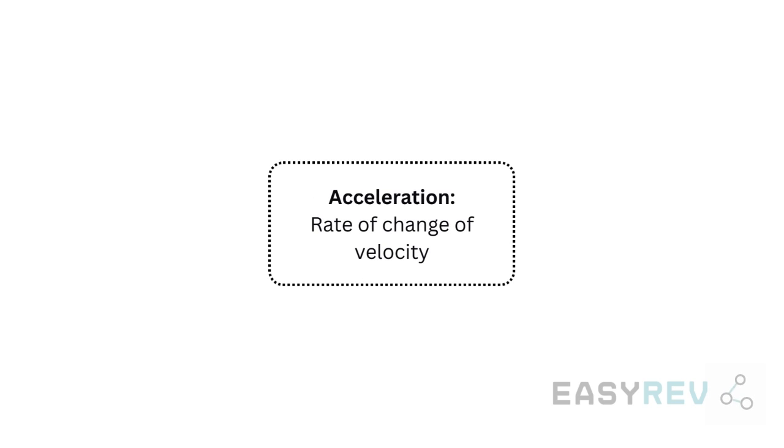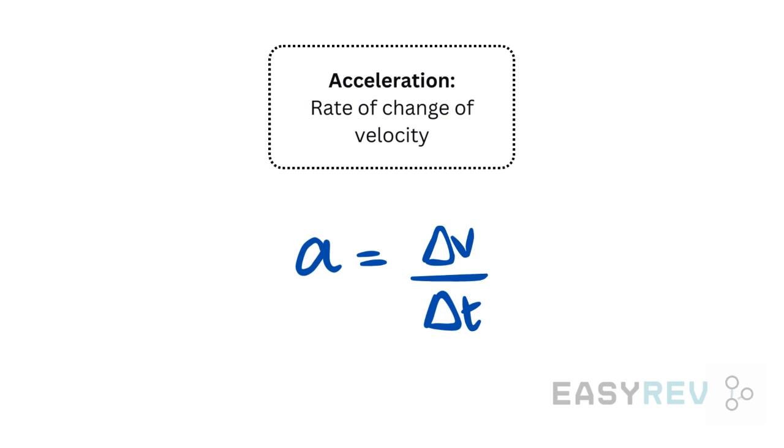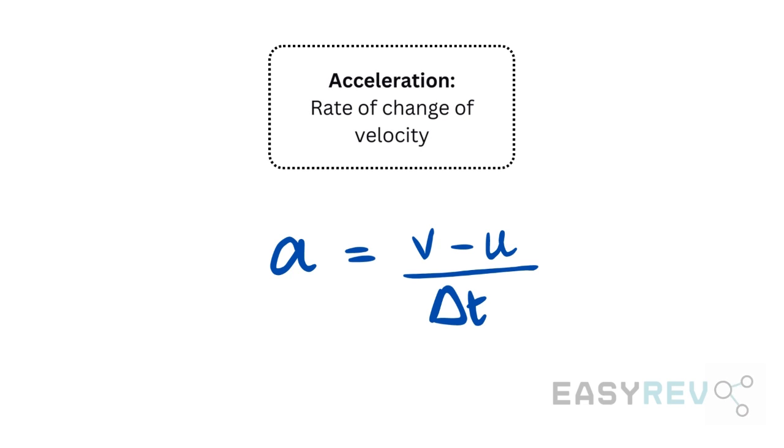One other additional thing that we can analyze is how velocity is changing with respect to time for any moving object. In that scenario, we define acceleration as the rate of change of velocity. And the formula is presented here as delta v divided by delta t. This change in velocity can be expressed as a final velocity v minus an initial velocity u.